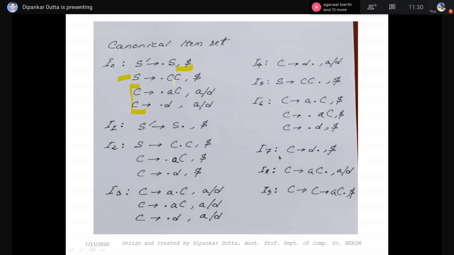Look aheads will be first of beta dollar. That means first of C dollar. So what is first of C dollar? AD. That is why we placed AD here. So this way you have to proceed.